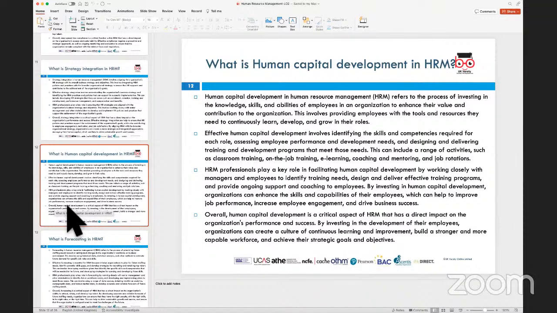Sometimes these trainings can be classroom trainings, they can be on-job trainings, they can be trainings which are done through e-learning or online portals within the organization. They could be trainings as coaching and mentoring for senior level staff or employees. And in some cases, this could also mean job rotations.